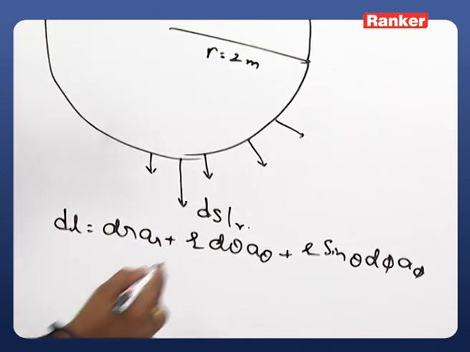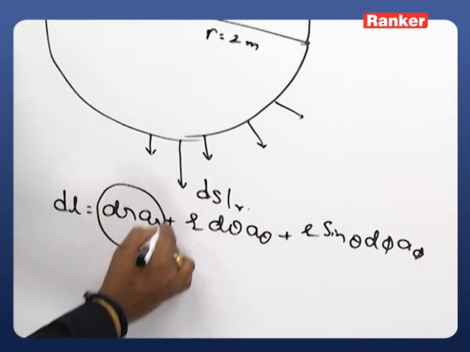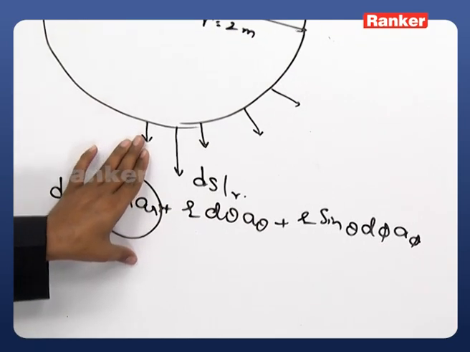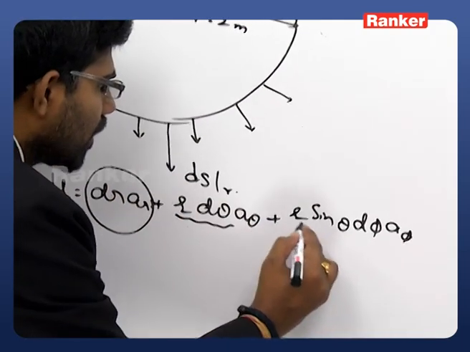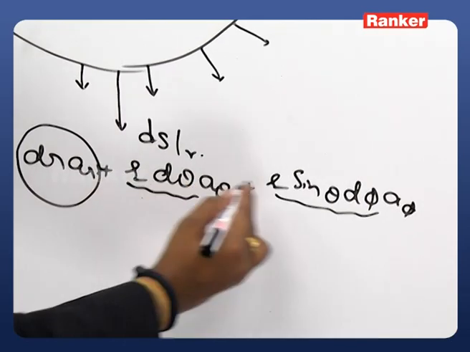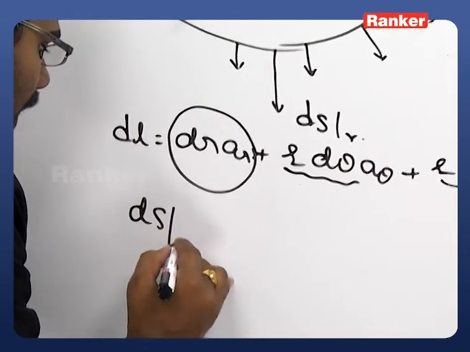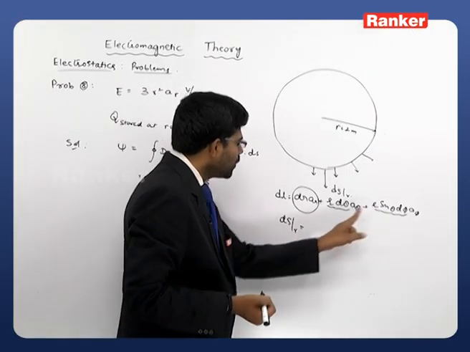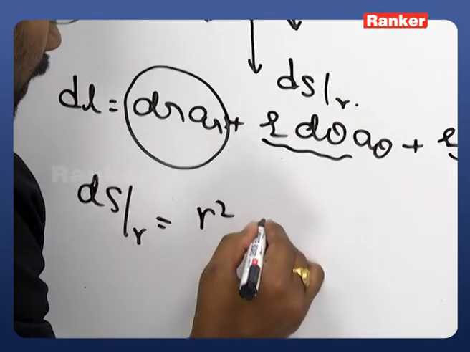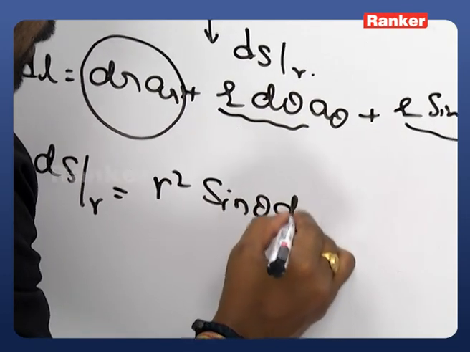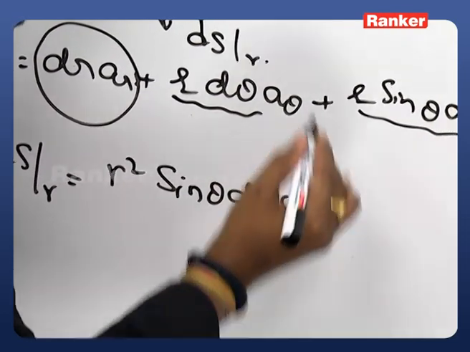The differential surface in which direction do we want? Radial direction. So leave this term and multiply the remaining two parameters, that is r d theta, r sin theta d phi. Clearly the differential surface in the radial direction can be written as r square sin theta d theta d phi a_r.